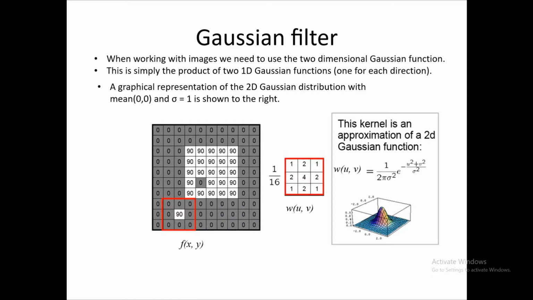This is the 2D Gaussian function, with sigma equal to 1 and mean 0, 0.